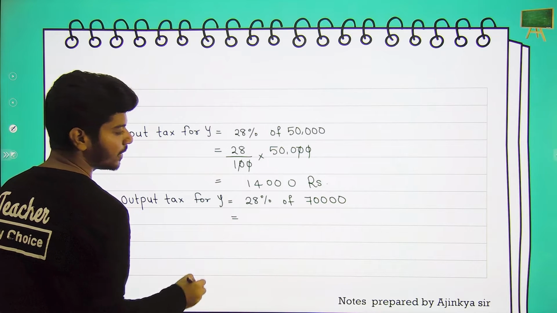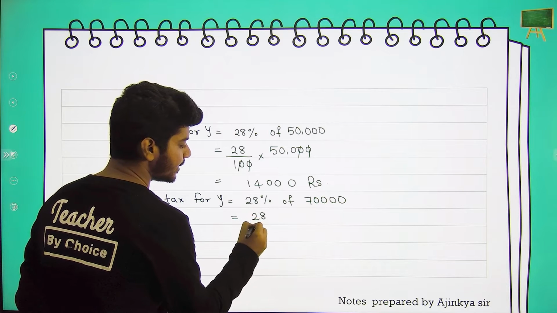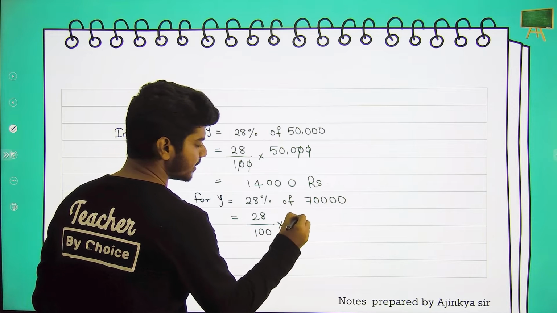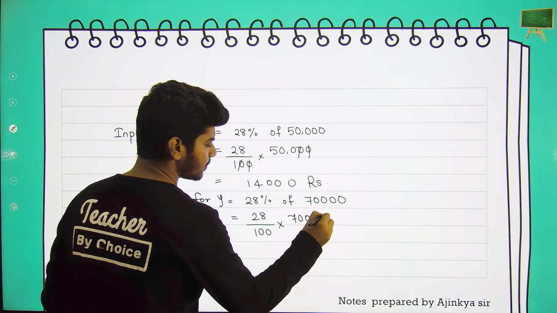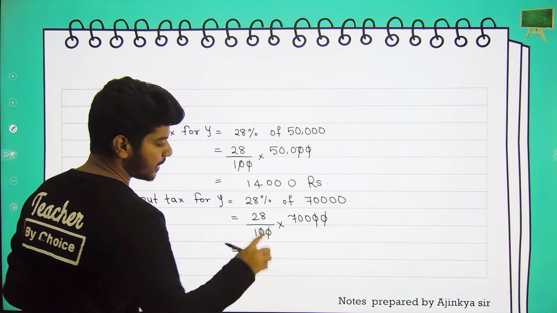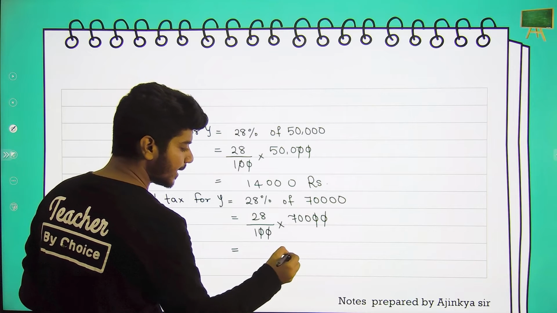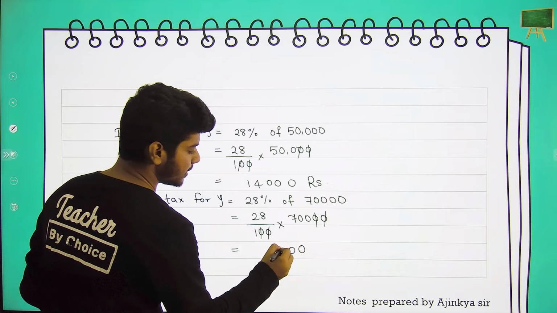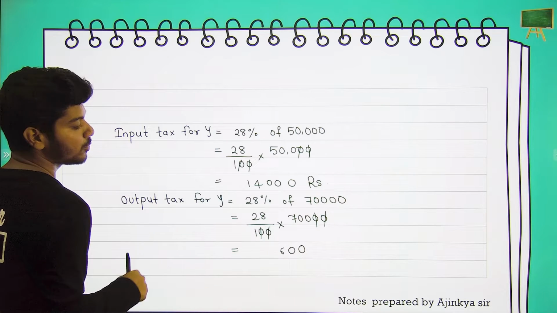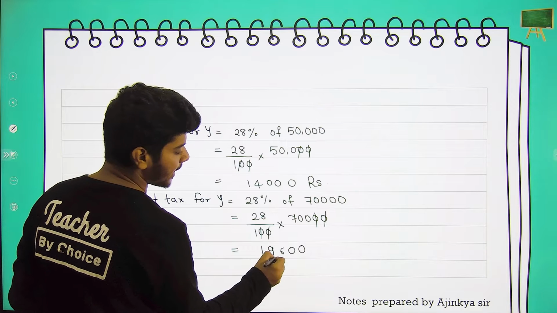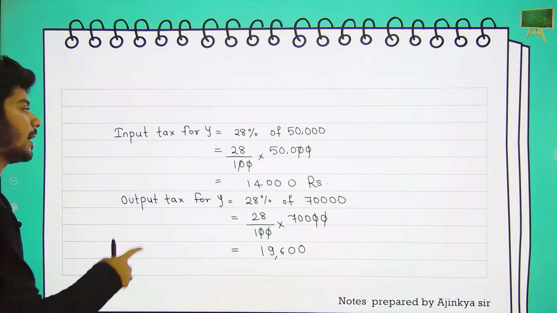So this would be 28 divided by 100 of, meaning multiplication, 70,000. Cut the zeros, and let's multiply these two numbers. We get 0 0, and 7 8s are 56, 5 carry, 7 2s are 14 plus 5 is 19. Okay, so 19,600 is the output tax.